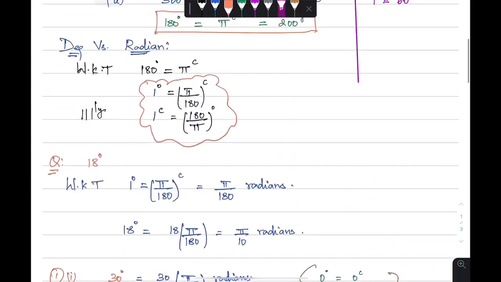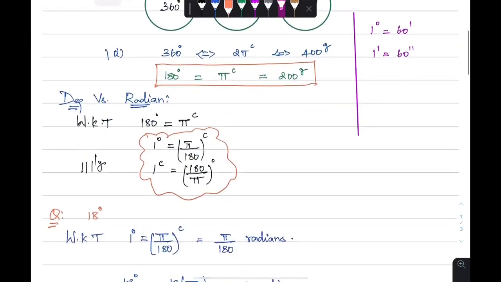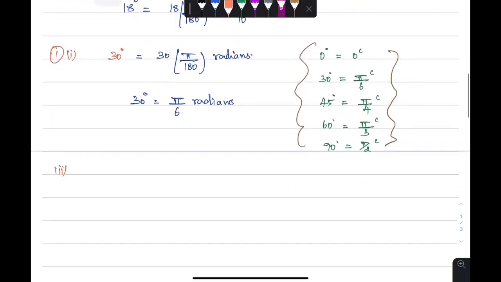So let's do the next problem. So what is it? 135 degree. Let's do it. So you also do along with me. 135 degree can be written as, very nice, you need to practice this, 135 into pi by 180 radian. You do it along with me, children.